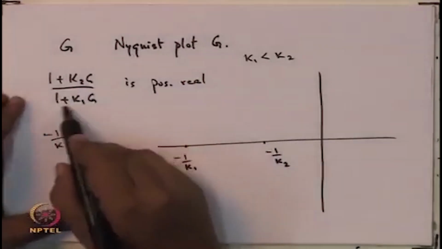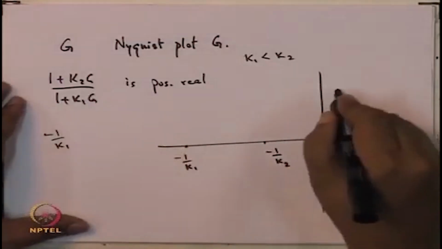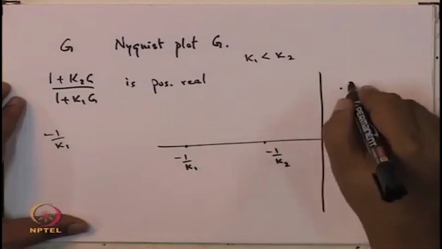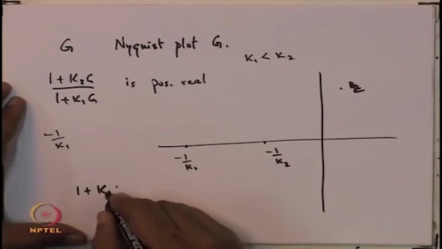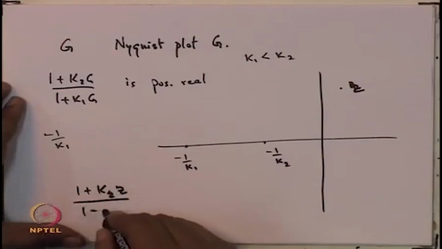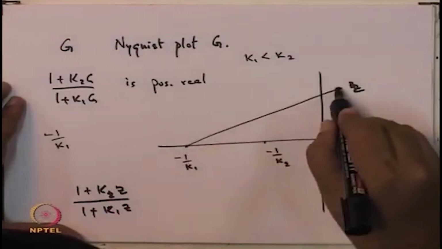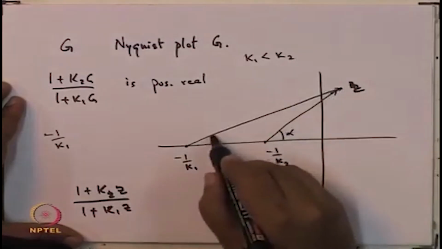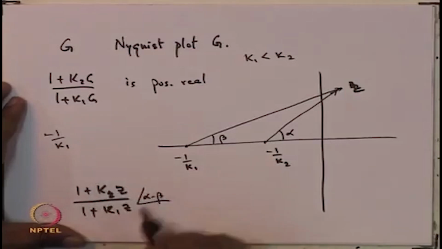And when you are trying to evaluate this transfer function given G j omega, so we said that suppose you have any point z here, and let me call it z, and you want to evaluate 1 plus K2z upon 1 plus K1z, then the angle of this is essentially you draw these vectors from here to here and here to here, and look at these angles alpha and beta, and the angle of this transfer function is going to be alpha minus beta.